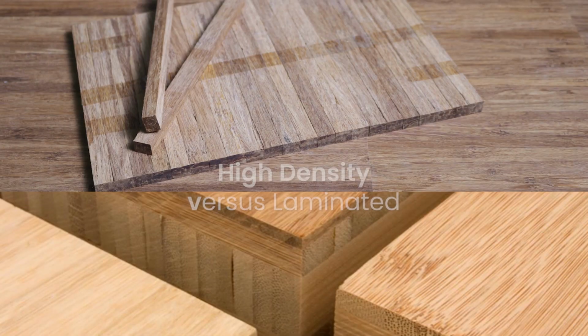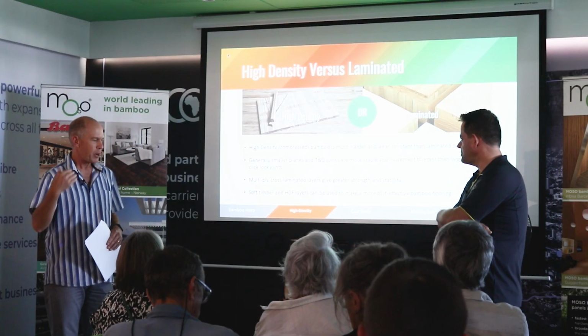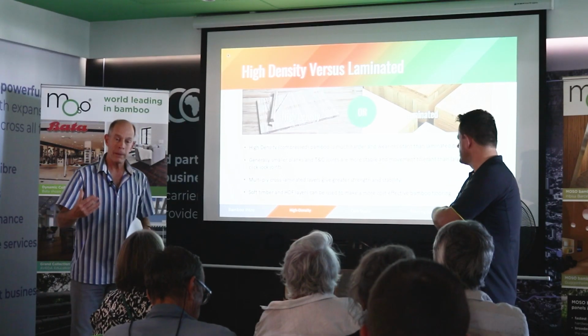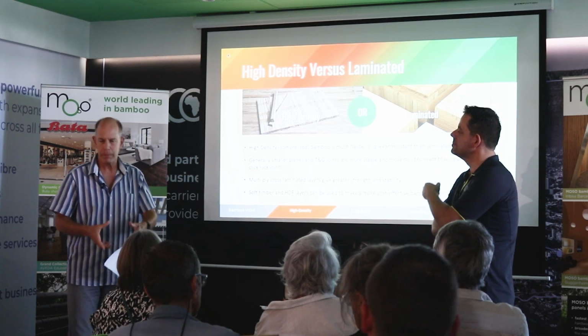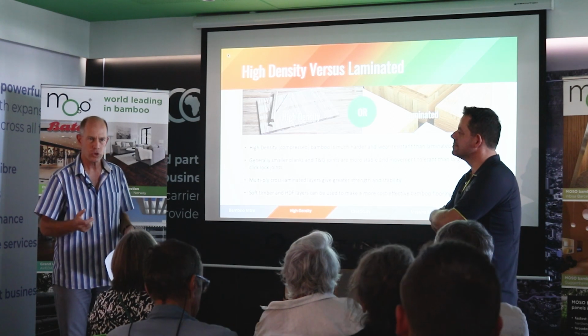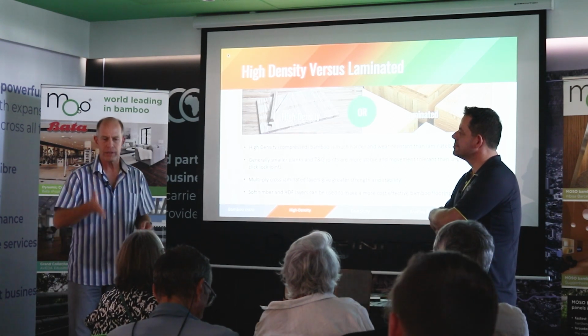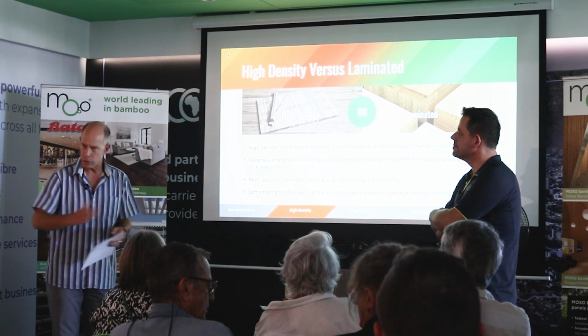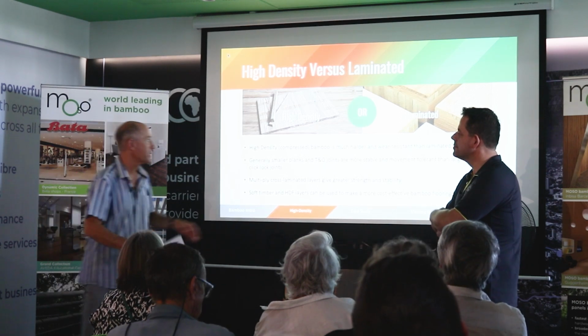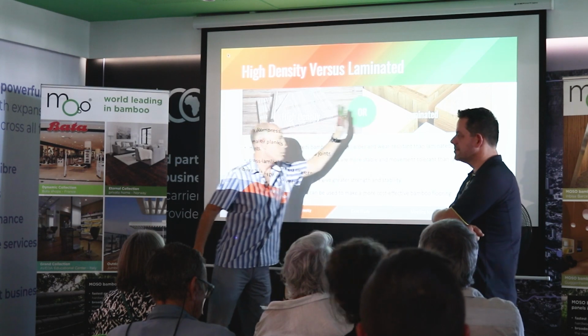You've seen a lot of samples, and we've spoken a little bit about high density versus laminated. The laminated is how all bamboo products were made: slicing the bamboo stem, which is like a hollow pipe, slicing the wall of the pipe into strips, machining the strips perfectly flat, straight and square-edged, and then laminating them into layers and making those layers into boards or panels or flooring.